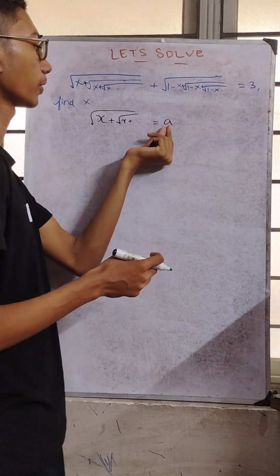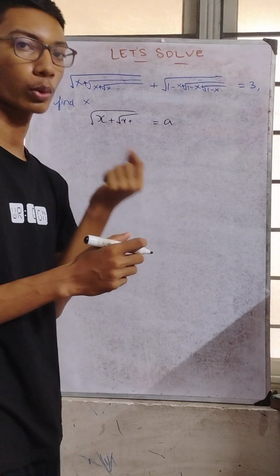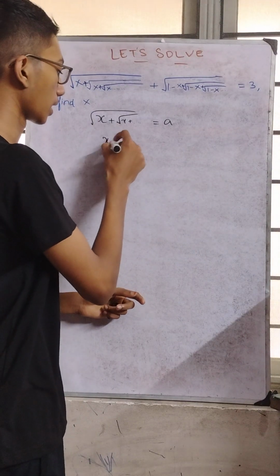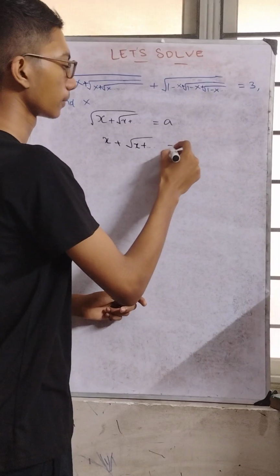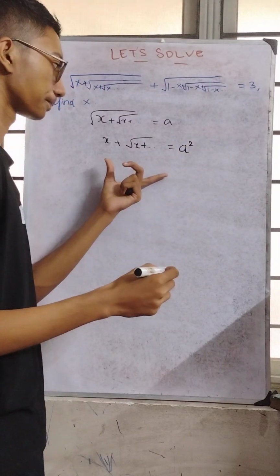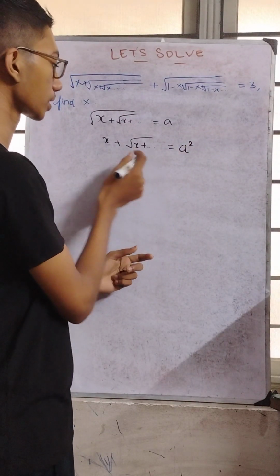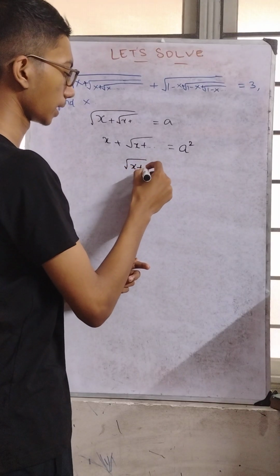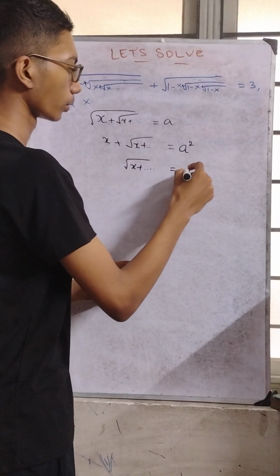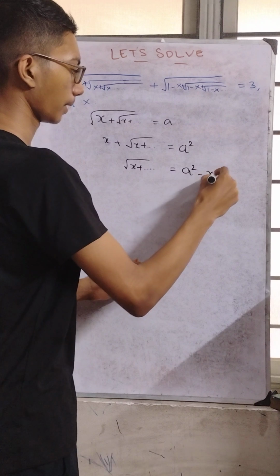First, how do we simplify this expression is, we can square both sides. So we get x plus root x plus, and it goes on, gives a square. Now what we can do is take this x here. So root x plus, and so on, equals a square minus x.